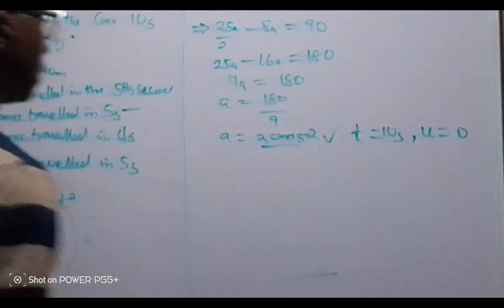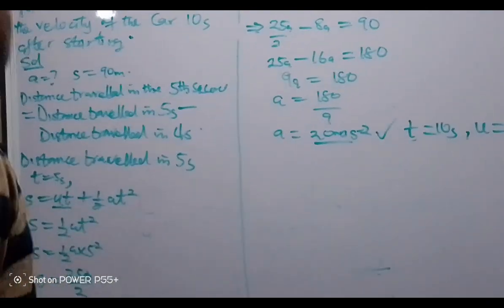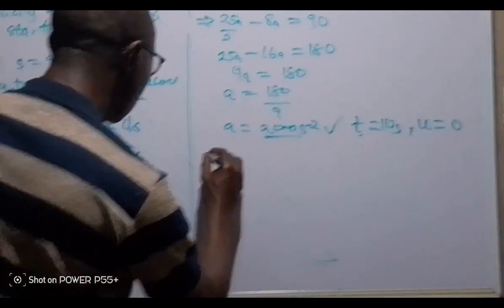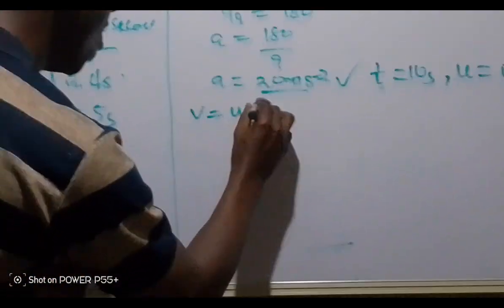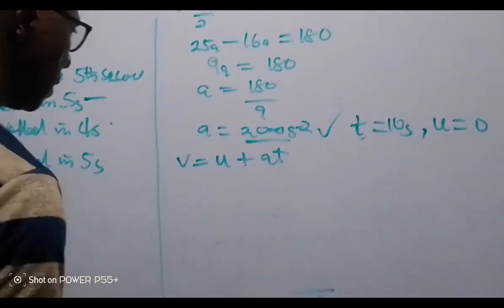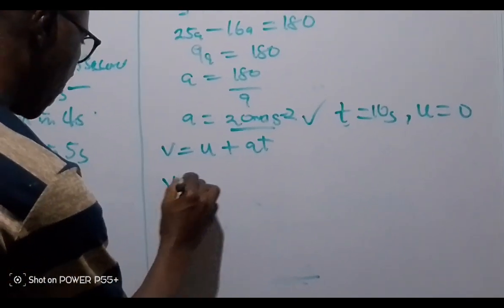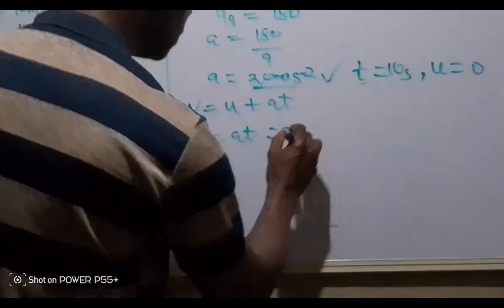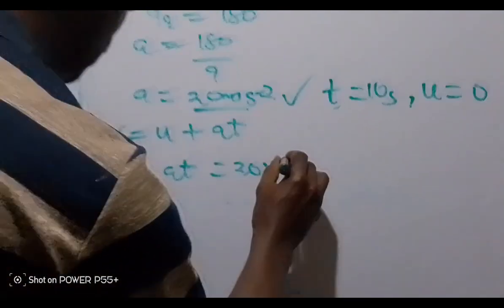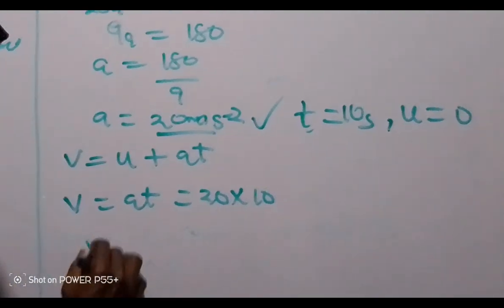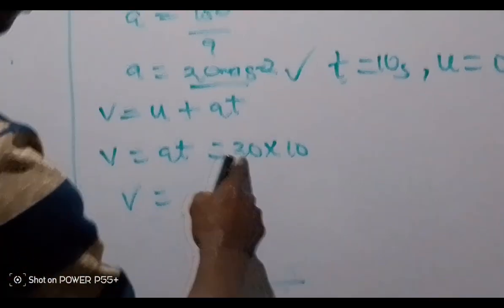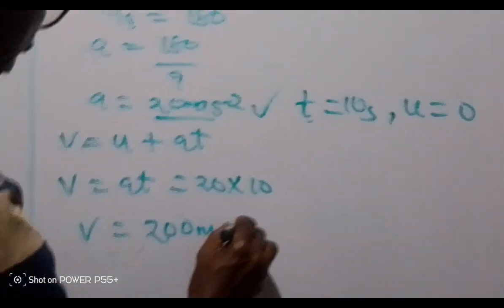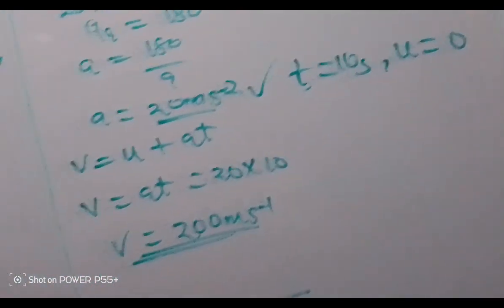Now, to calculate the velocity after 10 seconds, it will give us v is equal to u plus at. u is 0, so we are going to have v is equal to at, where a is 20 and time is 10. So that means the velocity now, 20 multiplied by 10, will be 200 meters per second. That is the velocity after starting.